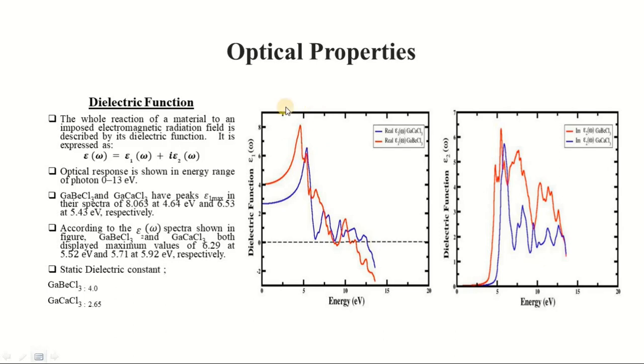So this is about the real dielectric constant maximum peaks. Now we will discuss the static dielectric constant, which is observed at 4.0 for gallium beryllium trichloride, and for gallium calcium trichloride it is observed at 2.65.